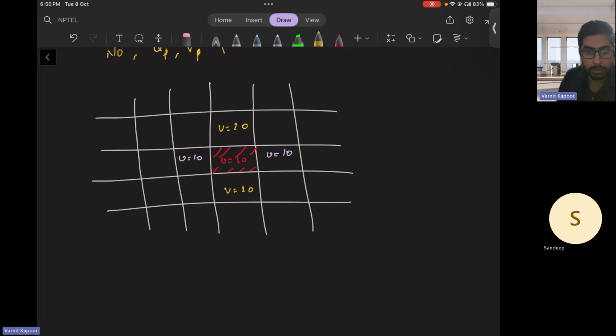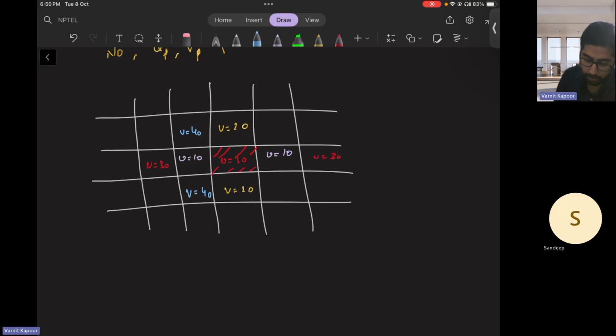If this u has 10, then again here you will have 30, here you will have 30. Suppose here v can be 40, and here v can be 40 again. This kind of problem can be created.